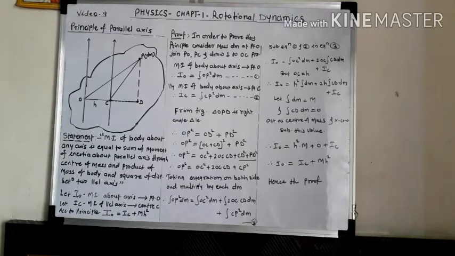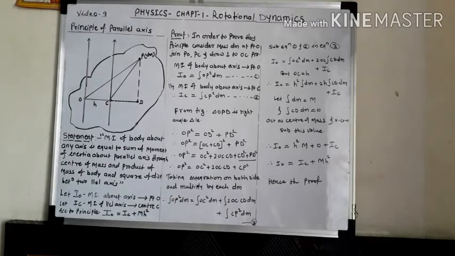Then we construct: join PO and PC, and draw the perpendicular PD to OC produced. So this is the right angle triangle OPD.